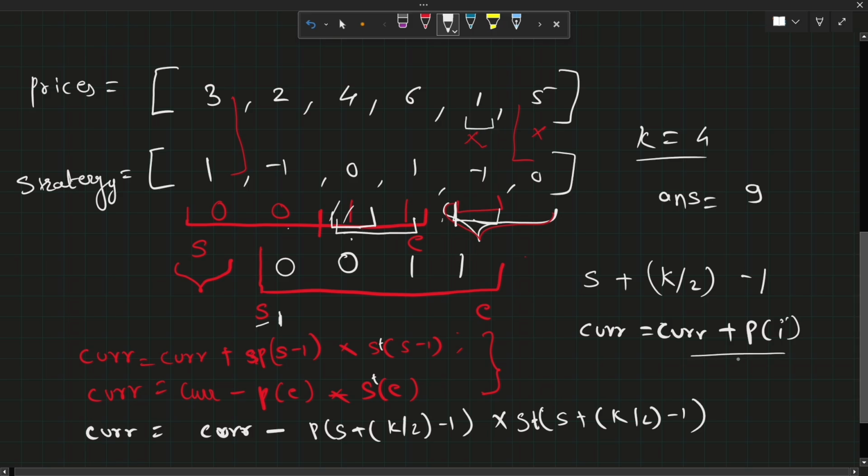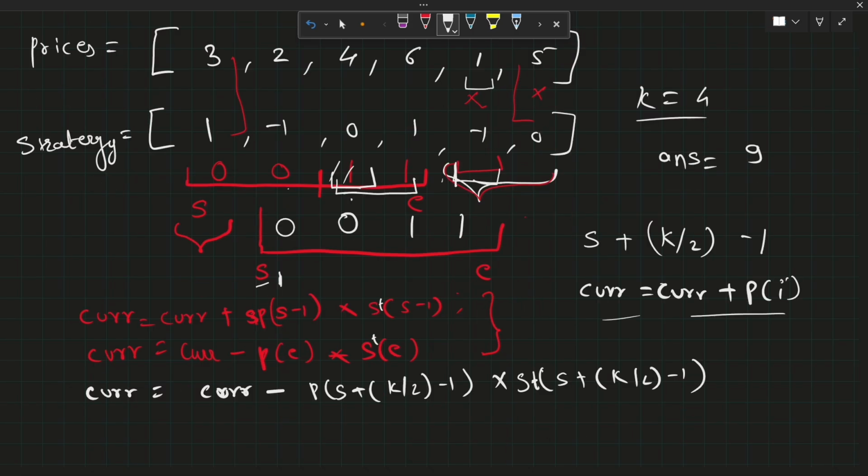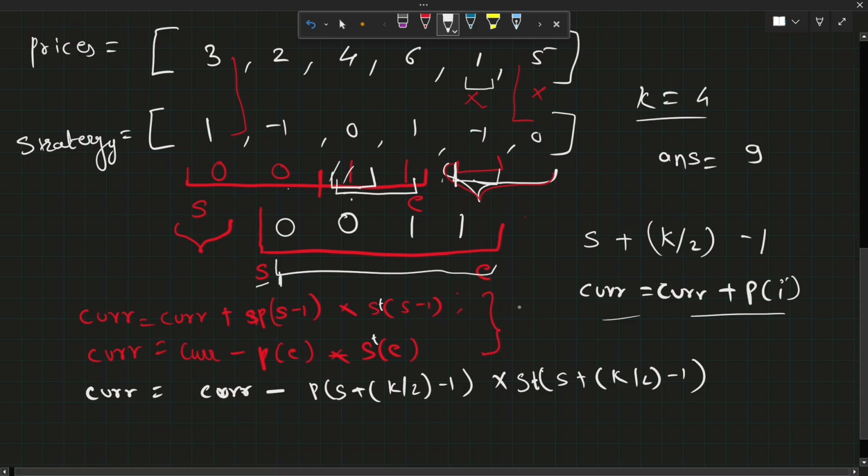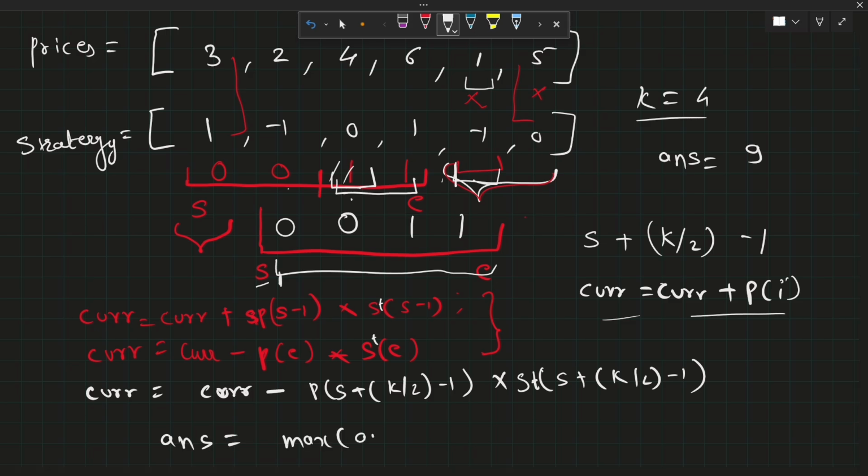So we got our answer for current. This group of calculations will give the final value for this window. We can keep on doing this and calculate the maximum. Let's say we have some maximum answer as the max of this answer or the current value. Here it would be the current value.